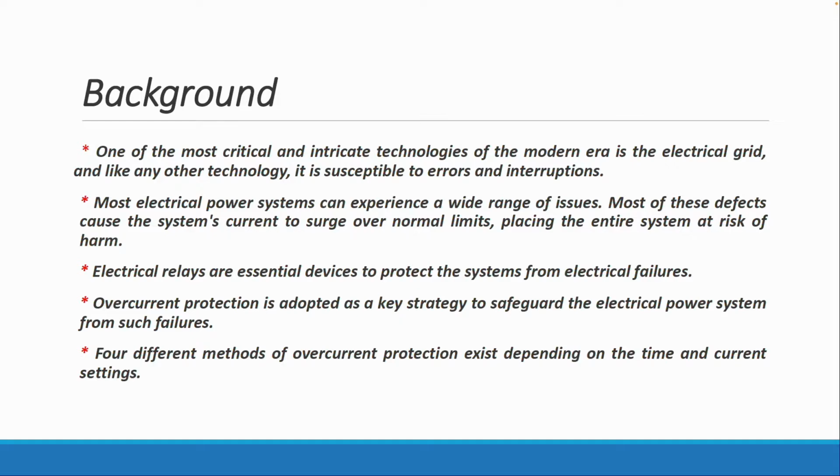Many different problems might arise in electrical power systems, and most of these are due to a surge in the system current, which can put the entire system at risk of failure. To protect the system against such failures, electrical relays are essential components. As a key strategy, overcurrent protection is used to protect the system from these kinds of failures.